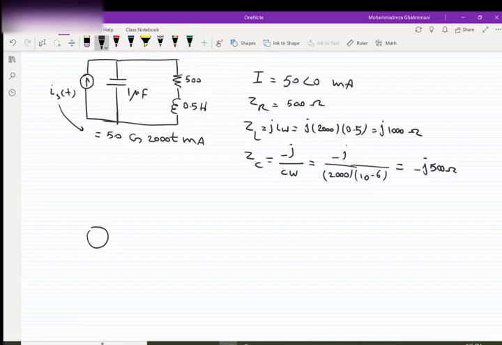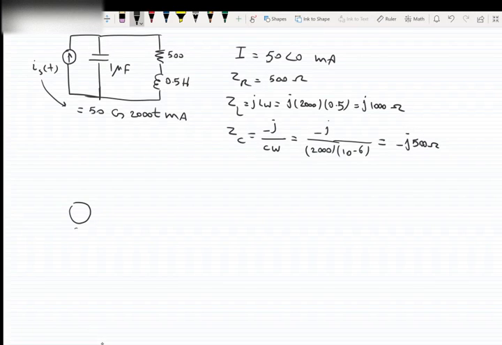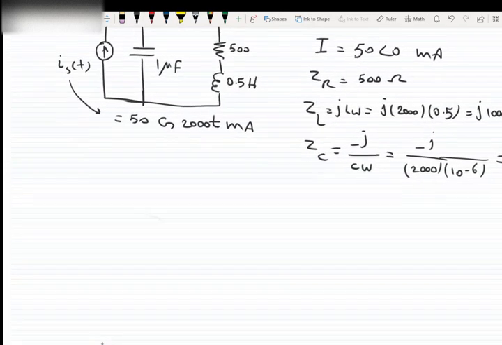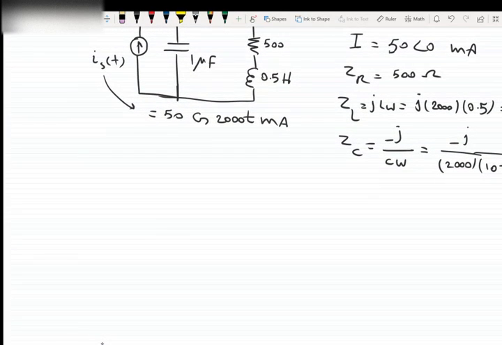So here we have the current source, which has a value of 0.05 amp with an angle of 0.